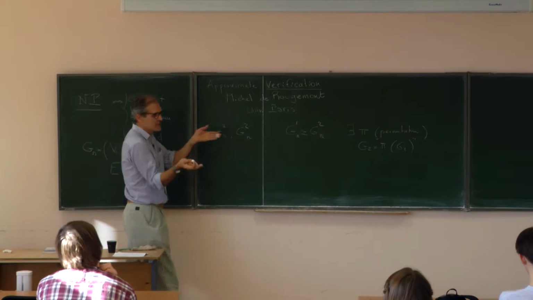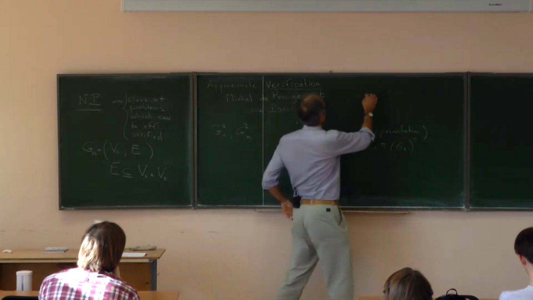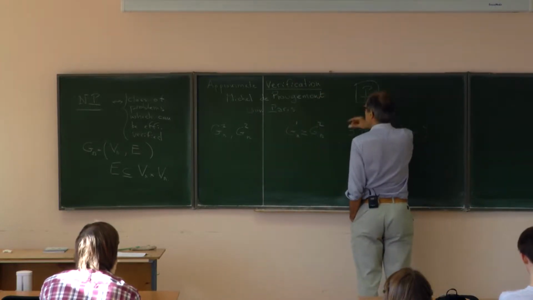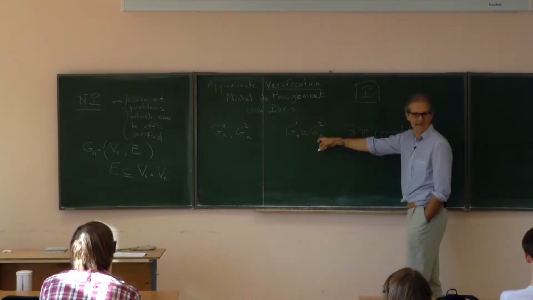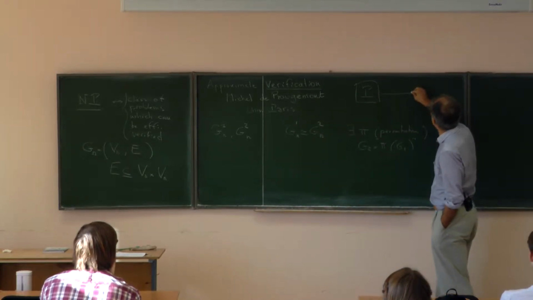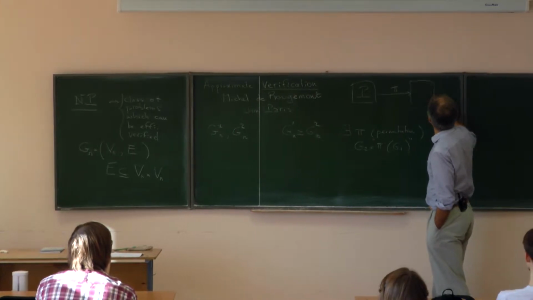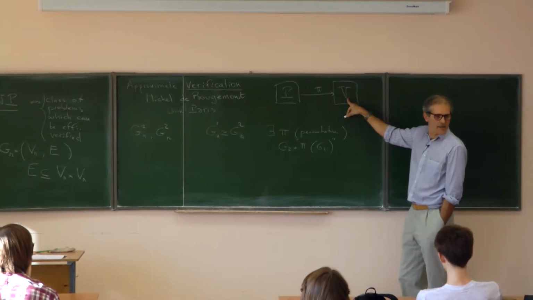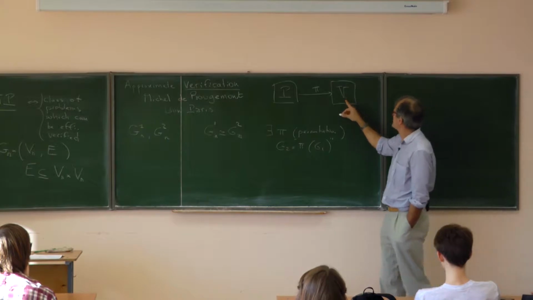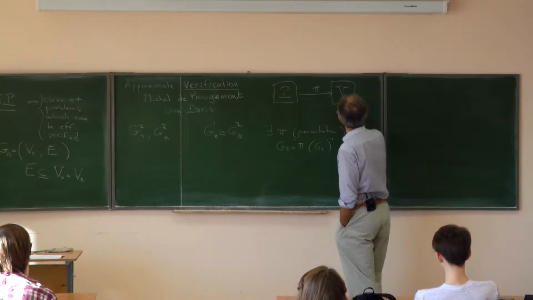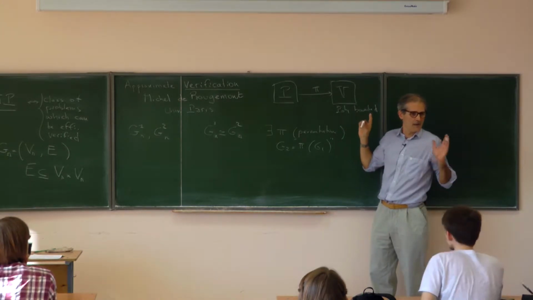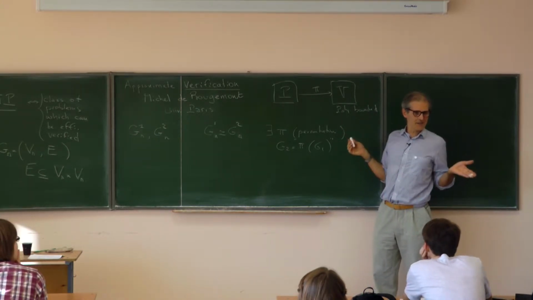Now if you ask this question to a prover, you expect him to give you pi if he wants to convince you that he knows how to decide this problem. You give pi to a verifier, and the verifier works in polynomial time, always. The verifier is always polynomially bounded.